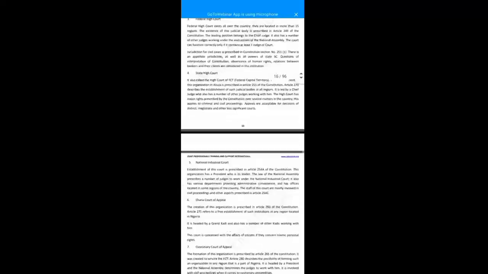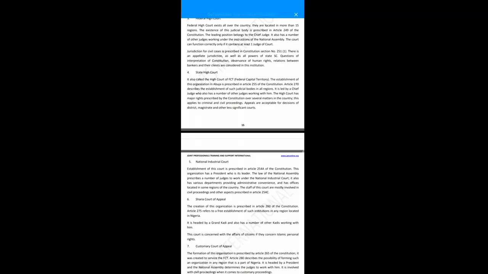National Industrial Court. The law of the National Assembly prescribed a number of judges to work under the National Industrial Court. It also has various departments providing administrative convenience and also offices located in some regions of the country. The staff of this court are mostly involved in civil proceedings and other aspects prescribed by Article 254C.